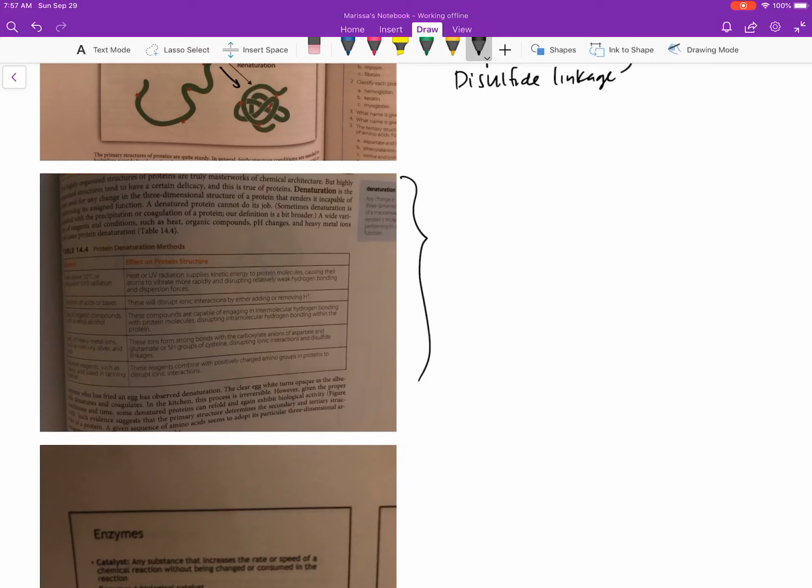So the first one is heat. Above 50 degrees Celsius, or exposure to UV radiation. Okay, so when I first started at HBU, my cat was diagnosed with diabetes, and I had to give her insulin shots every day.